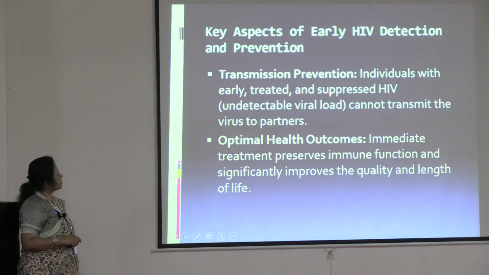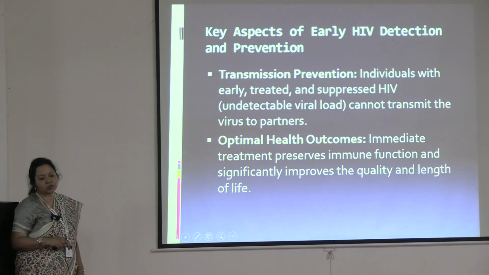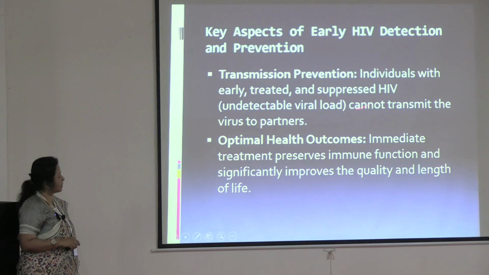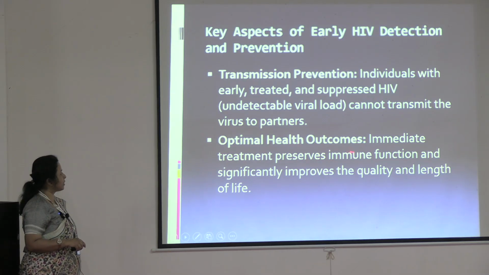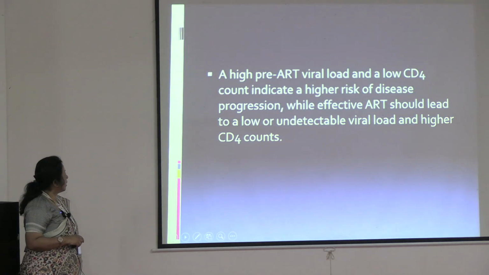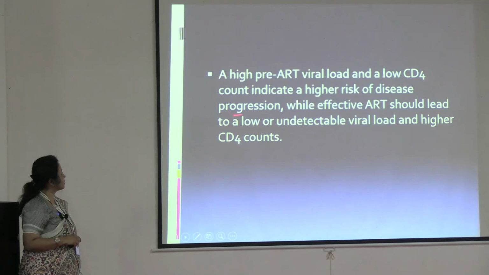Individuals with early treated and suppressed HIV cannot transmit the virus to their partners. So if we put them on medications, it is so vital. Optimal health outcomes: immediate treatment preserves immune function and significantly improves the quality and length of life. A high pre-ART viral load and a low CD4 count indicates a higher risk of disease progression.